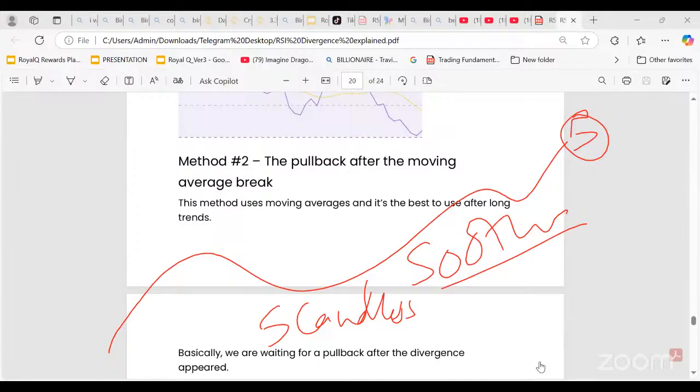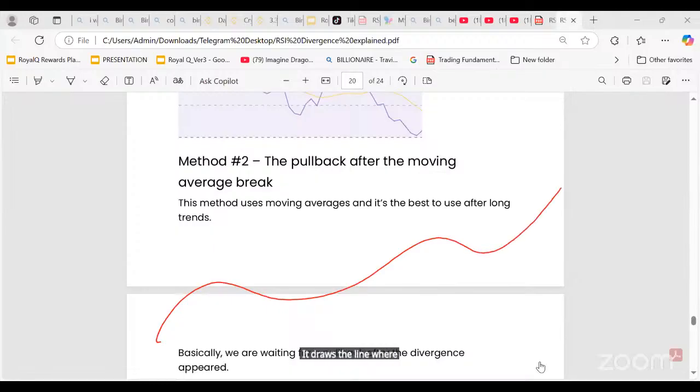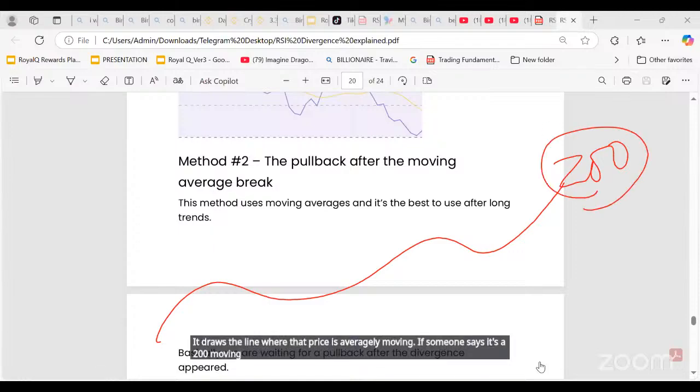If it is a moving average of 7, it looks at an average performance of 7 candles. Then it draws a line where that price is averagely moving. If it's a 200 moving average, it looks at the performance of 200 candles, and then draws a line of an average price of those 200 candles.